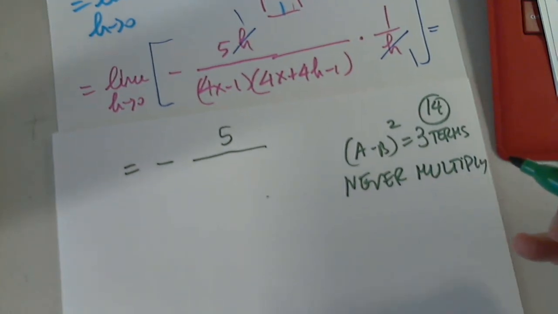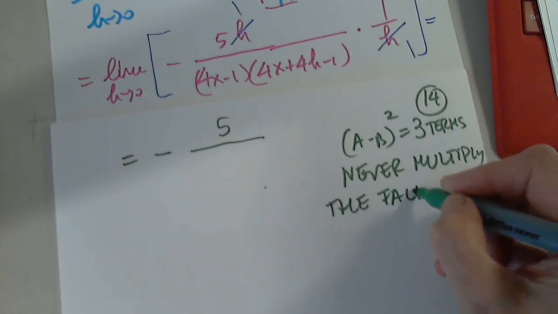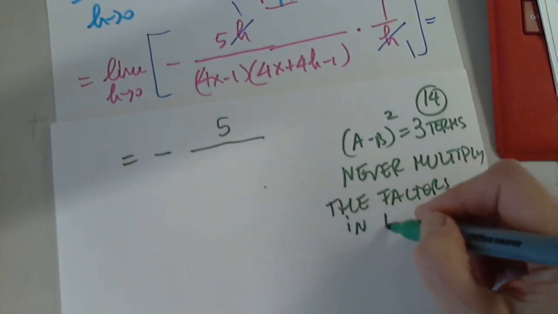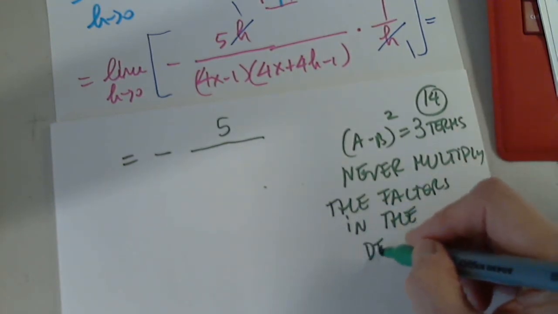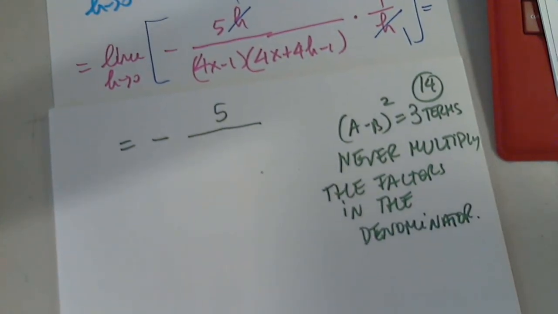It's not wrong, but we never multiply the factors in the denominator. One more try. Don't be shy. Anyone?